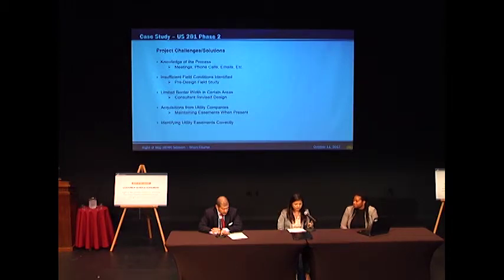Okay, and last but not least, one of the challenges that we had was identifying utility easements correctly. And I'm sure a lot of other districts have this issue as well. While Bree was going through her right-of-way acquisition, there were a lot of easements that were brought to our attention, and the utility coordinators had not submitted those easement documents to us early on when we had requested them.